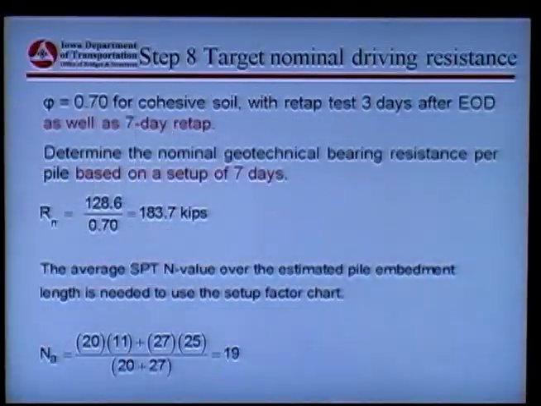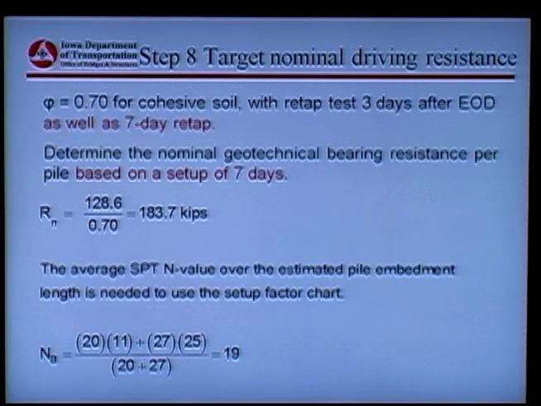So we've determined the nominal geotechnical bearing resistance based on a setup of 7 days. Okay? So you take the load divided by this phi factor, 0.7, and that will be your required 183.7 kips at 7 days. That is your target driving resistance at 7 days.